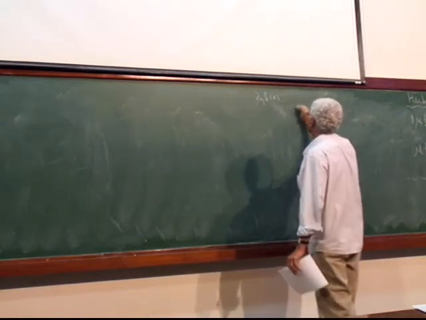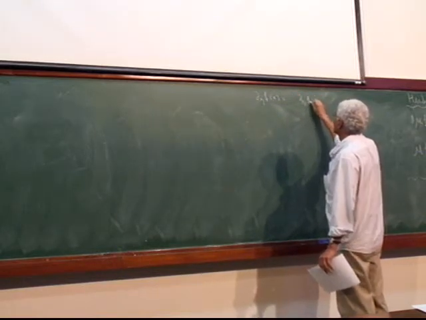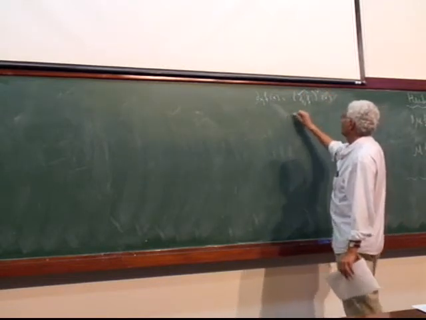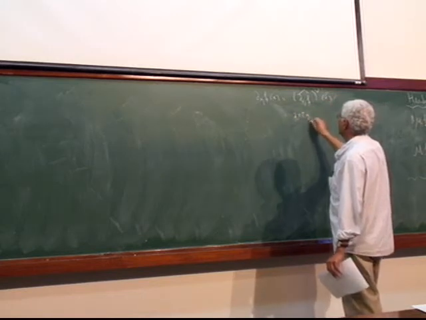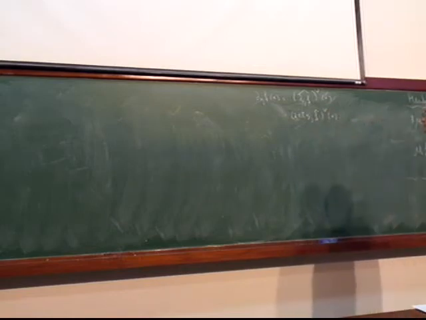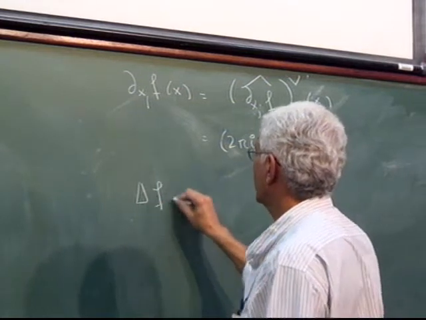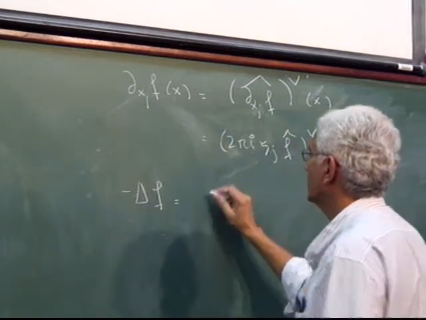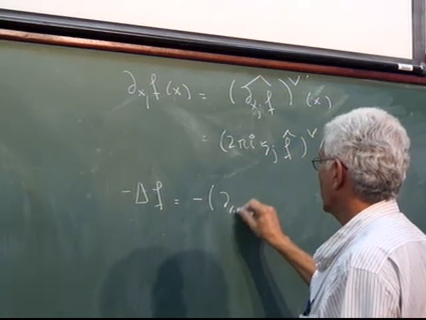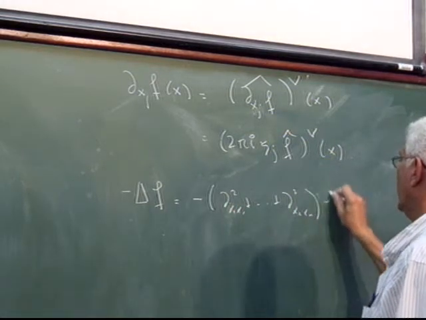of x? It's exactly, if you take the Fourier transform and you go back, taking the Fourier transform gives 2 pi i xi_j f hat. Therefore, the Laplacian, or minus the Laplacian, is the sum of the second derivatives in x_1 through x_n of f.